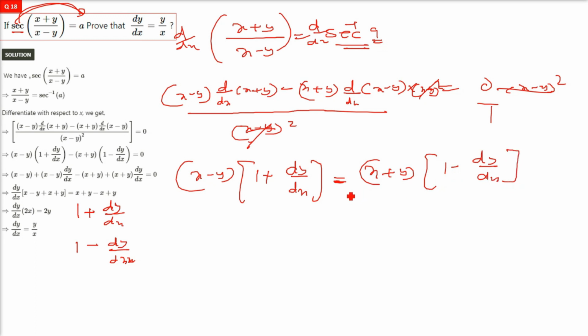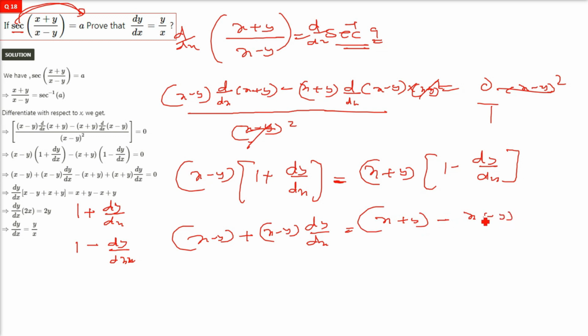Okay. So what do we get? So x, let us multiply it. X minus y plus x minus y into dy by dx is equal to x plus y minus x plus y into dy by dx. Now bring dy by dx on one side, the other content on another side. Okay, let us do it.